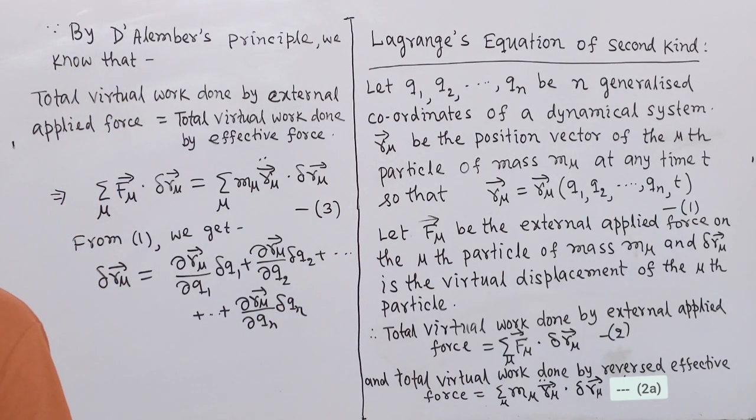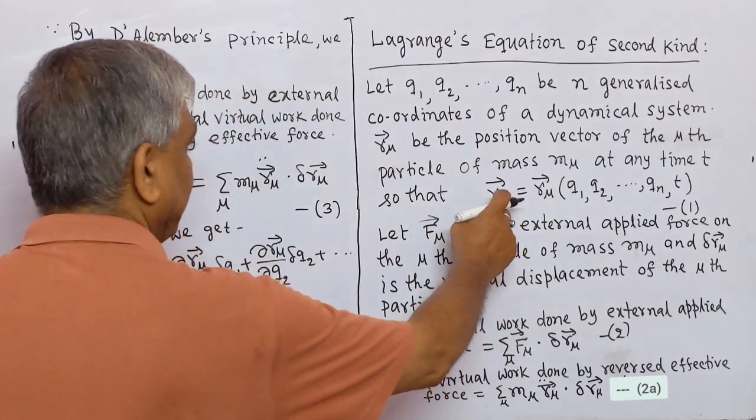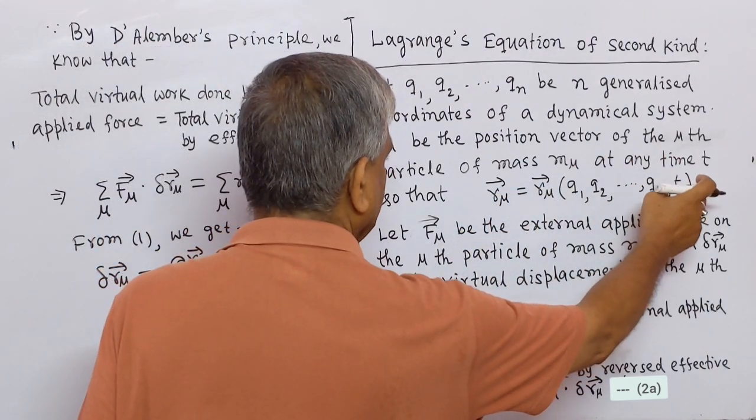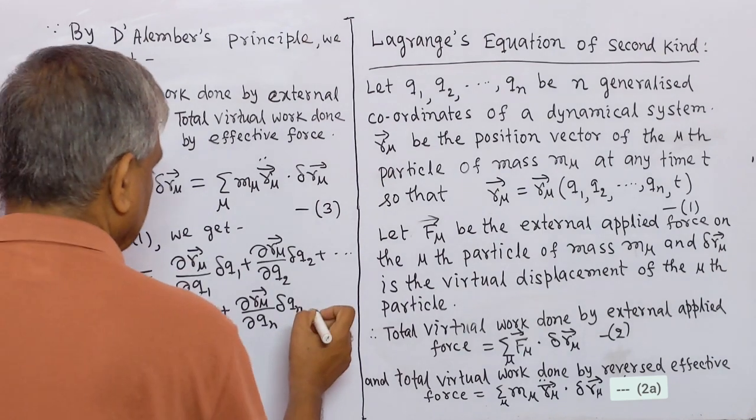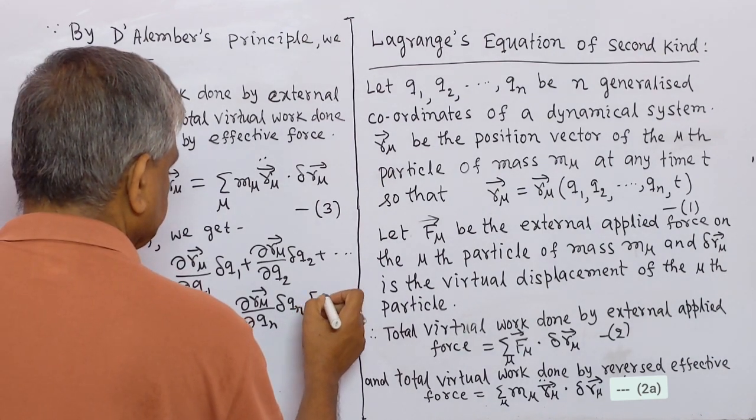We are not taking the partial derivative of R mu with respect to t and delta t because it is a virtual displacement.